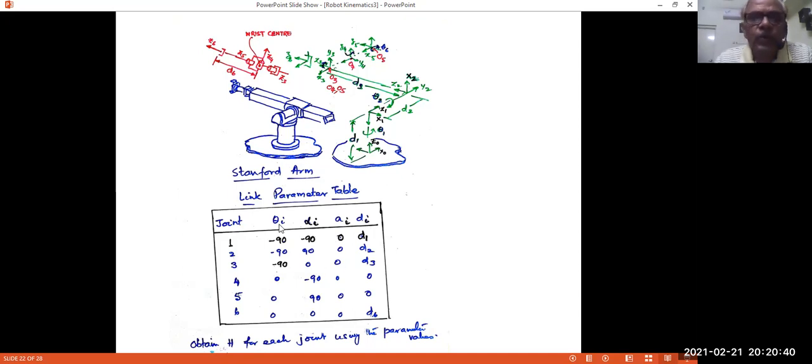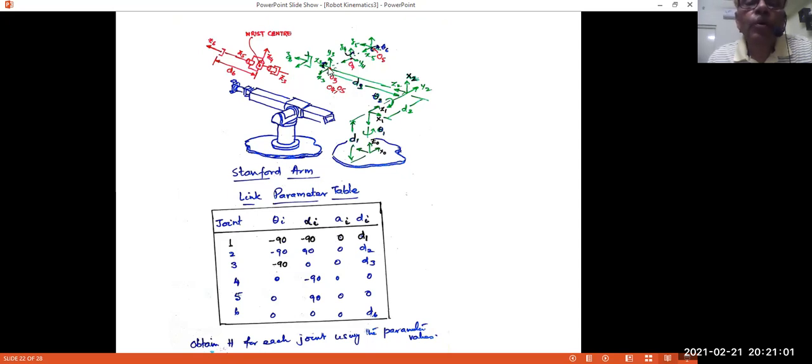Well, for this, in this particular case, I have taken the homogeneous transformation matrices for the first link, second link, and third link and multiplied all of them. I got H10 into H21 into H32. That will give me H30, that is, the third frame.